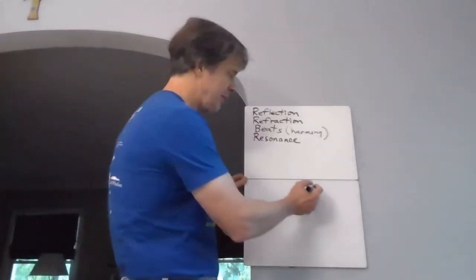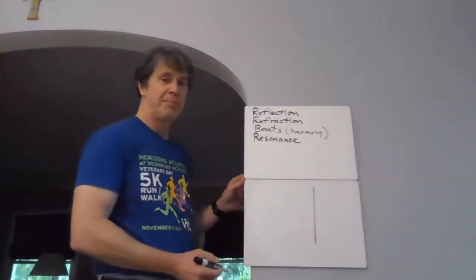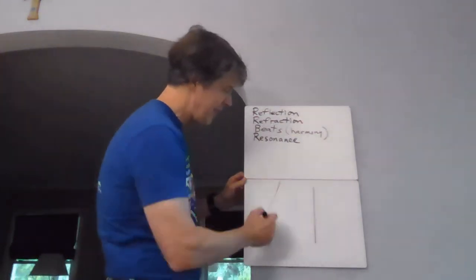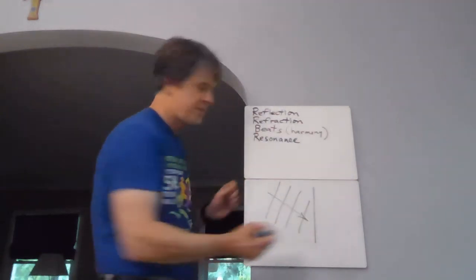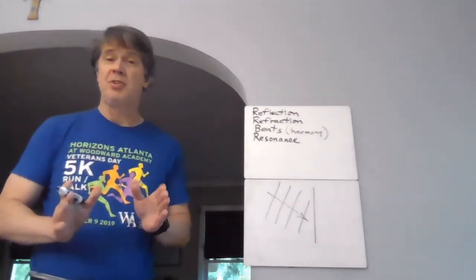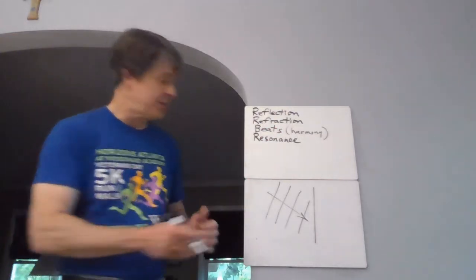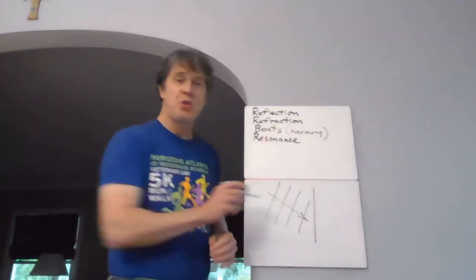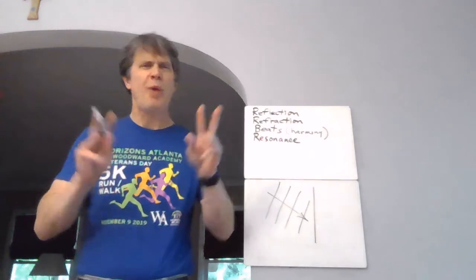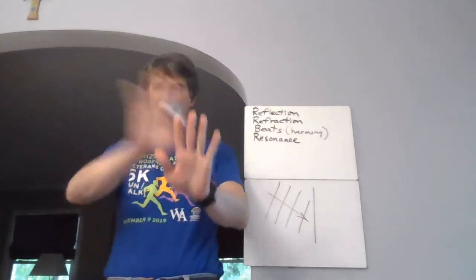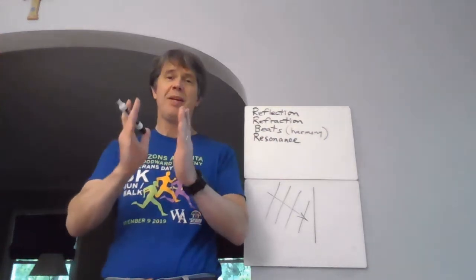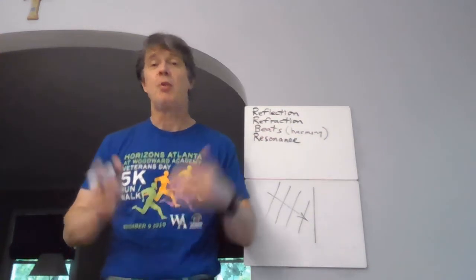So if I had a barrier like this, some big barrier, and there were some waves coming at it, and these are supposed to be the wave fronts. Now, this could actually be two different meanings to this picture. This could be a whole bunch of wave crests. By the way, wave front is a picture from above, or looking at the plane in which the waves are traveling, showing something like the crests or the troughs.